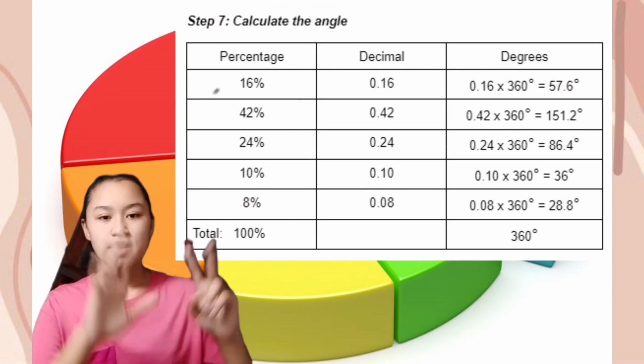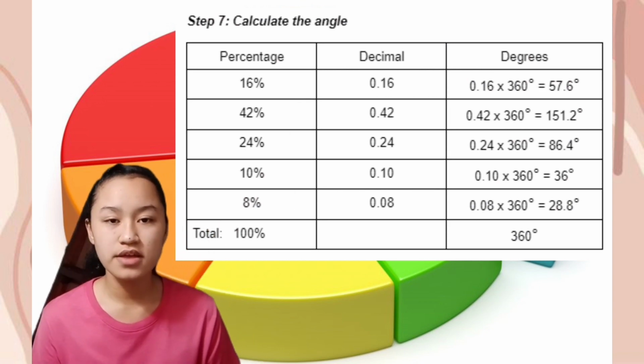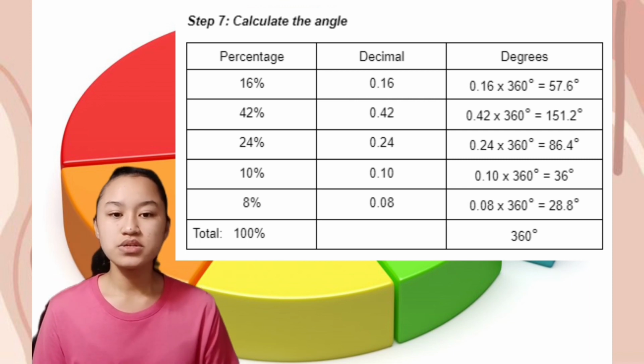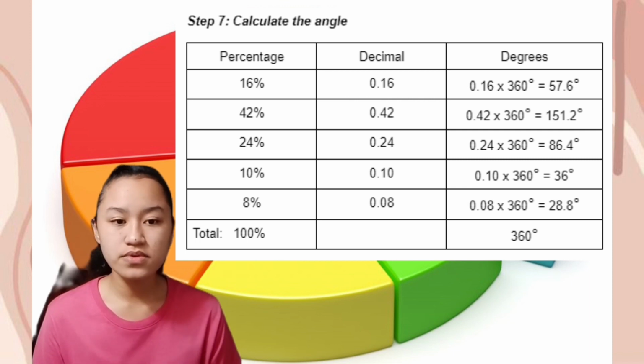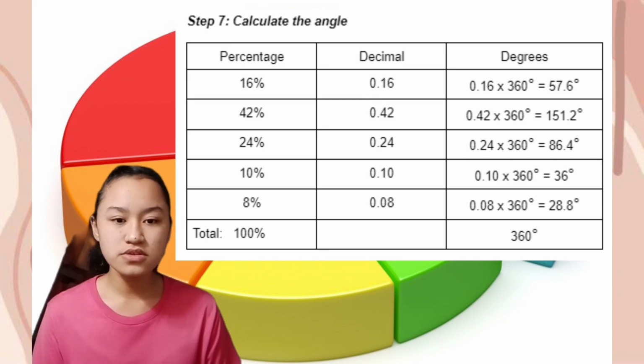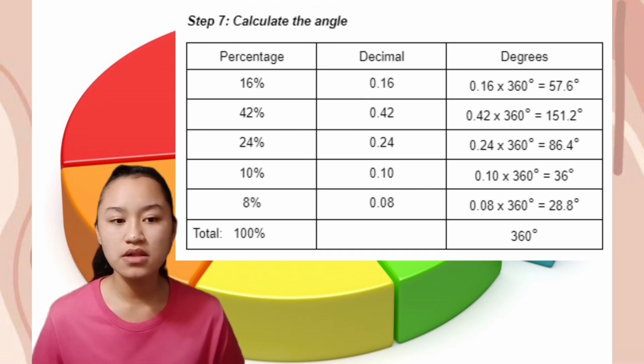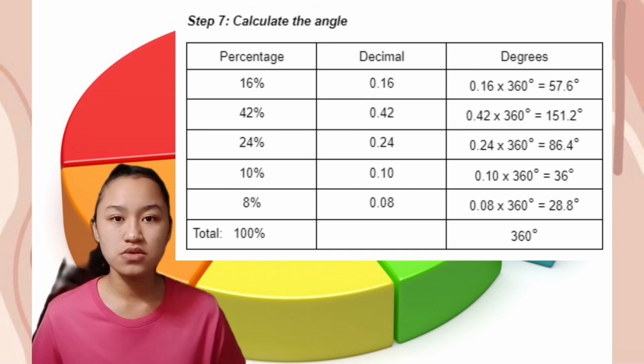Step 7. As we previously got the percentage, we will now get the angle. As you can see, we use another formula for getting its degrees. At first, we converted the percentage to decimal and then used the decimal for calculating the degrees.